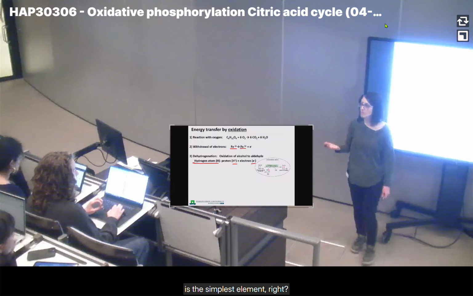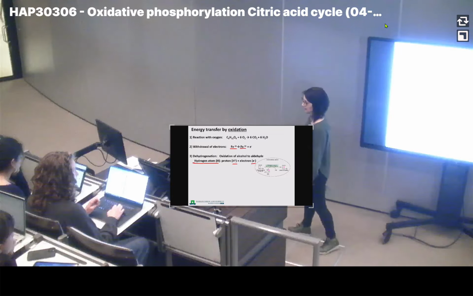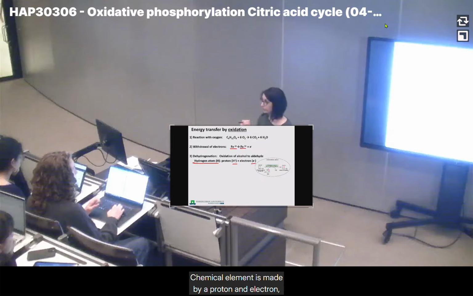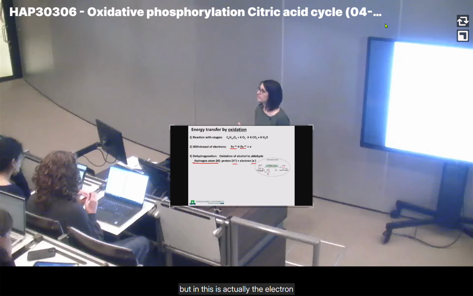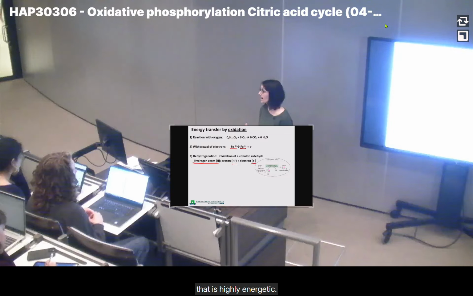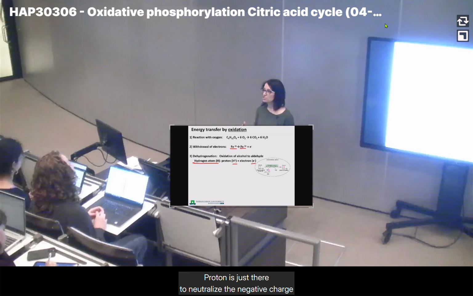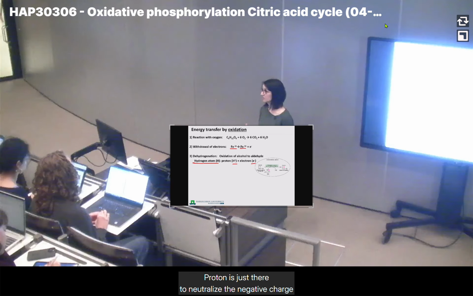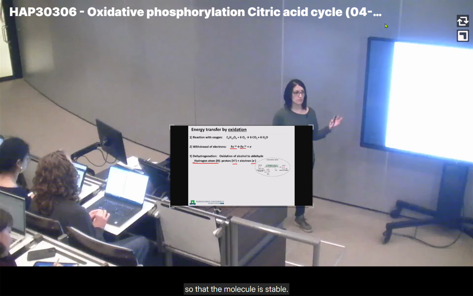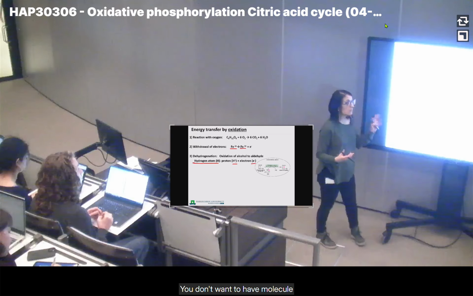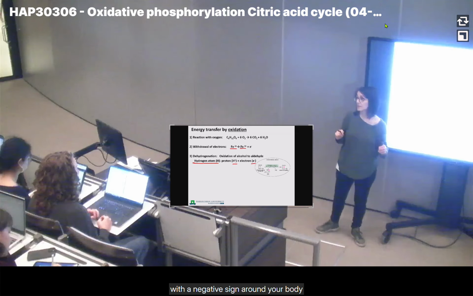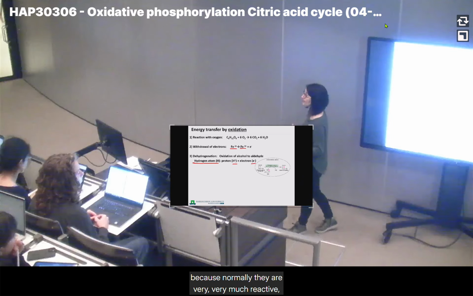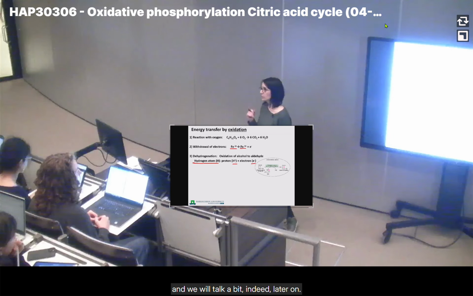But basically, hydrogen, as you know, is the simplest chemical element, right? It is made by a proton and an electron, but it is the electron that is highly energetic. The proton is just there to neutralize the negative charge so that the molecule is stable. You don't want to have a molecule with a negative sign around your body because normally they are very, very reactive.